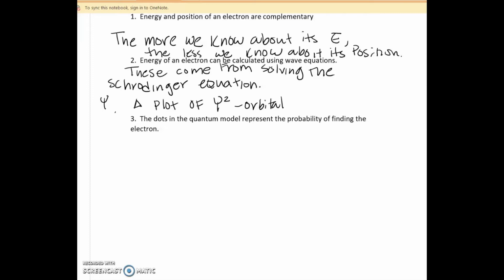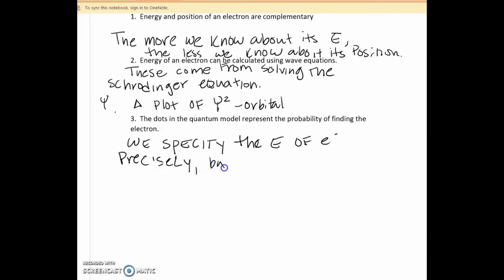And again, we specify the energy of our electron precisely, but not its location.